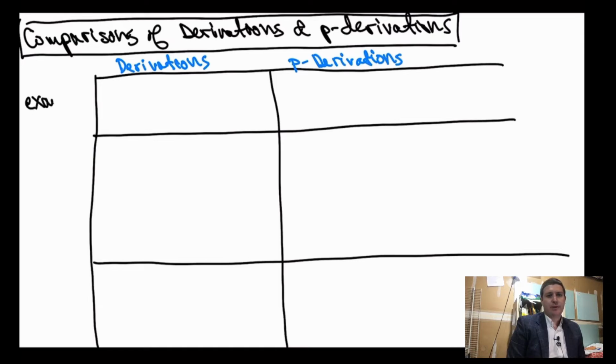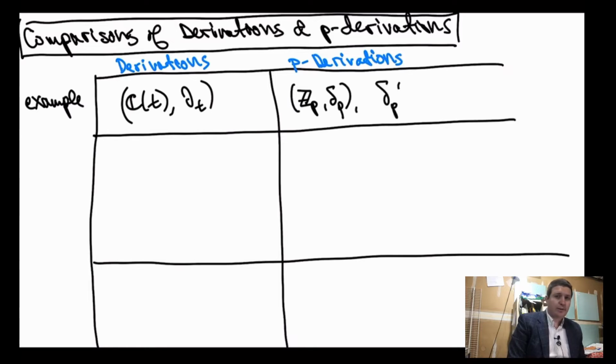So what are the primary examples to keep in mind? We've already talked about the univariate rational functions with its derivative operator. And we've talked about the integers with this Fermat quotient operator. So this is the primary example.